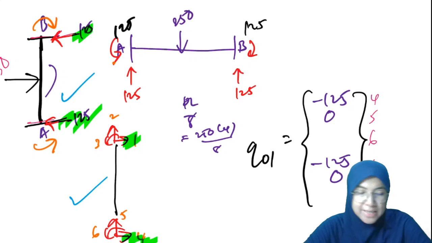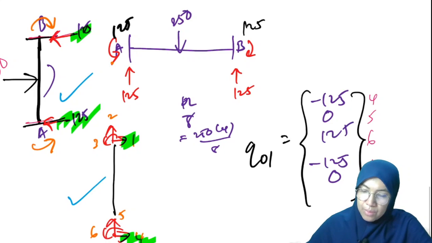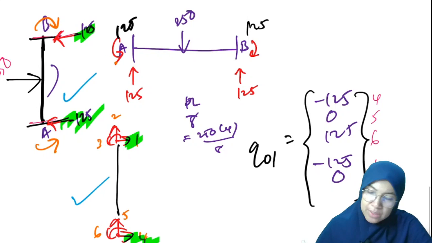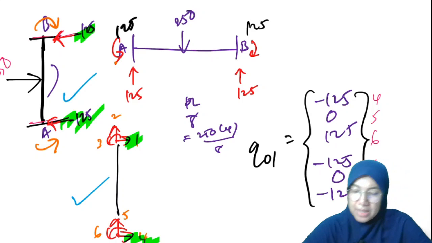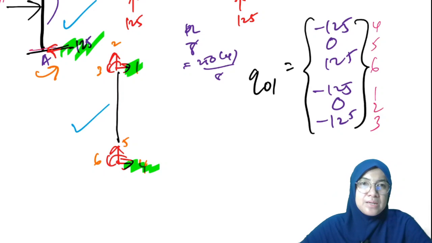And number 6 is clockwise, in the same direction, so it is 125. And for 3, it is opposite, negative 125.